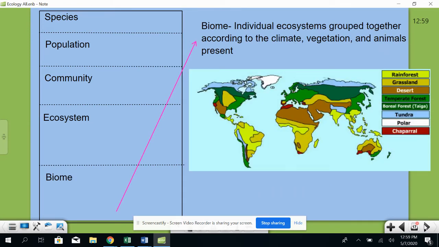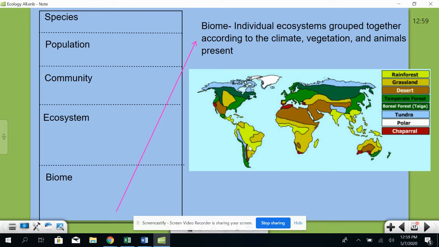And then the last and the largest is a biome. So a biome is a very vast area. It's large individual ecosystems grouped together according to their climate, vegetation, and animals present. So rather than having this entire area of the United States as all individual ecosystems, we can group them together because they're similar and call it a temperate forest.